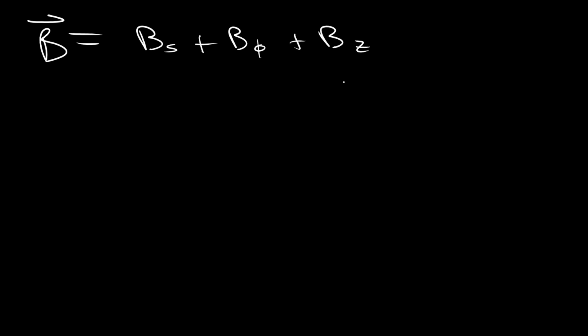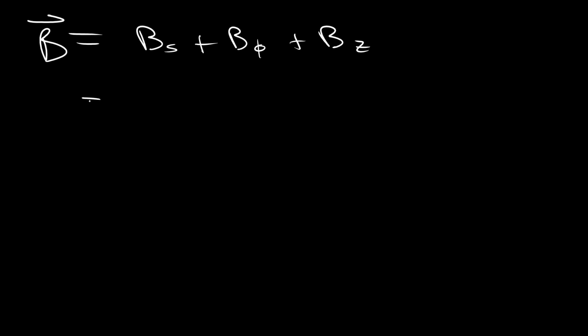All right, so now when we piece this all together, we're going to get that our total B field is equal to our B_s component plus our B_phi component plus our B_z component. And we know all of these now. We know that this guy is 0. We know this guy is given to us already, and we just figured out this guy.